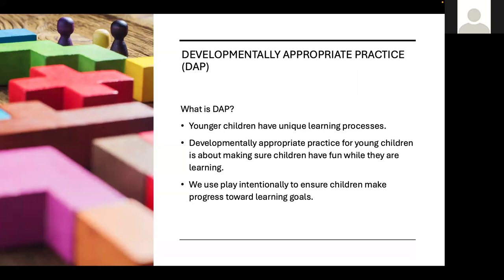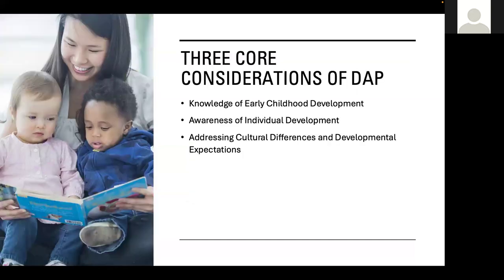And lastly, we can use play intentionally to really ensure that children are making progress toward learning goals. And we're going to be talking about specific learning goals for young children as the course progresses. But this is just to give you an idea of what we're talking about when we say developmentally appropriate practice.